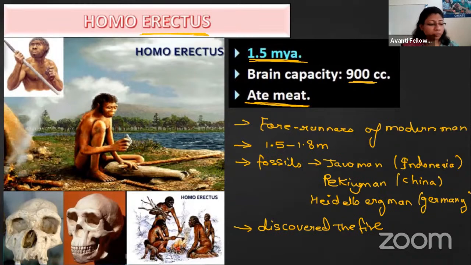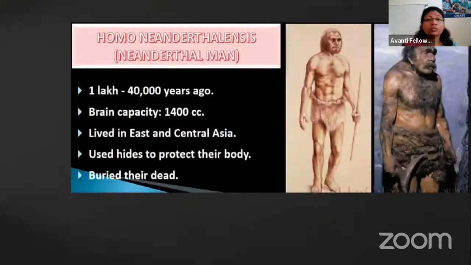Okay, next we are moving towards the Homo Neanderthal man. These Neanderthal men resemble the more familiar structure of humans. They appeared in a period between 1 lakh and 40,000 years ago, and their brain capacity further increased to 1400 cc.